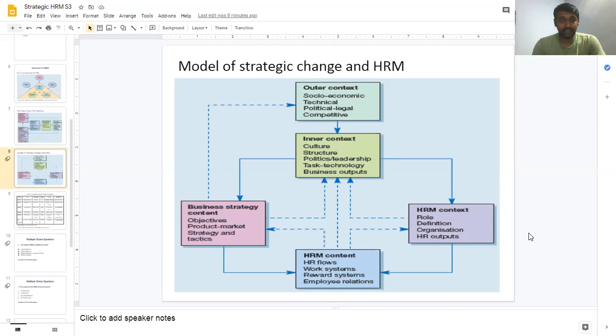As I explained in the previous slide, from 1960 to now, the concept of strategy has come up. Business strategy, HRM strategy. There the concept of objectives, accomplishment, and ideas will be given preferences.